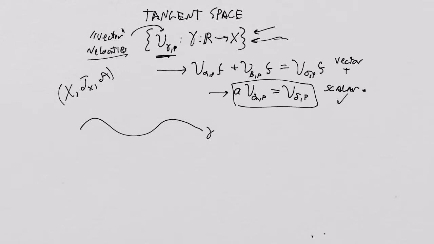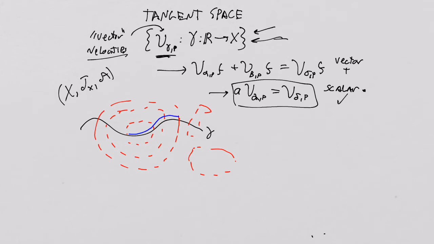And in the differential manifold, there are these contours of the function f, which I'm just drawing like contours you might see on a map, but there could be all kinds of crazy things going on. And the notion of the velocity is that we're probing how quickly this curve is moving through changes in this function.